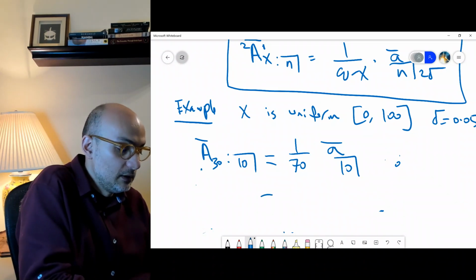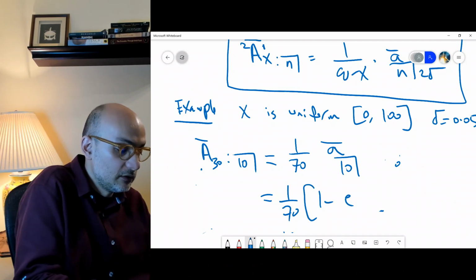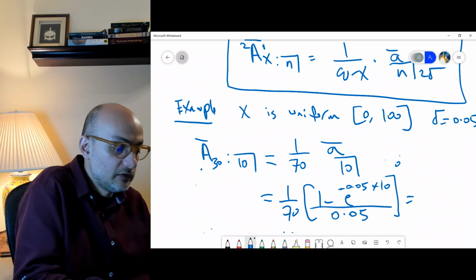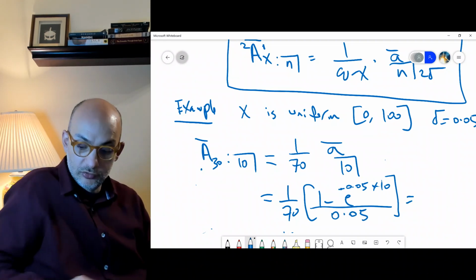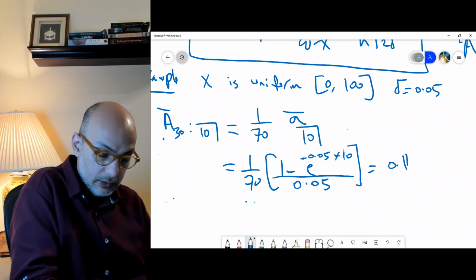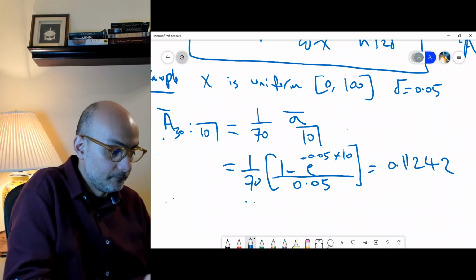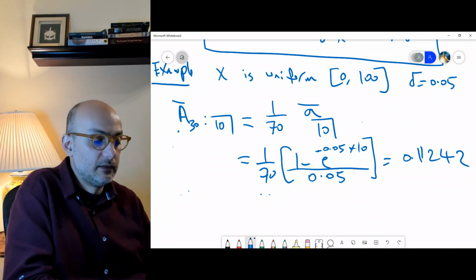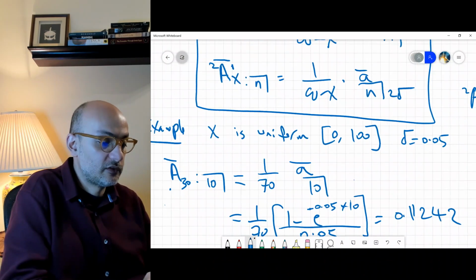So it will be 1 over 70 multiplied by (1 minus e to the minus 0.5 times 10) divided by 0.5. And if you do this, it should be 0.1242. It's simple. This is the annuity certain. I just applied the formula.